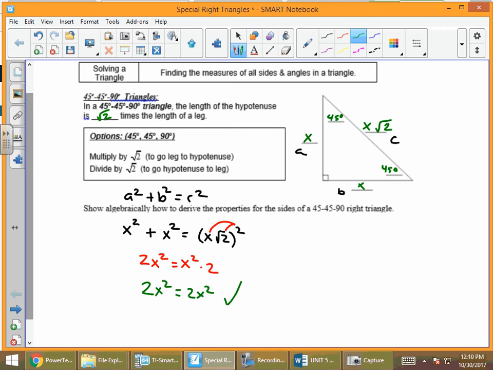That's why it works, and it's going to work every single time. You maybe noticed when you did the Pythagorean theorem in your practice how when your legs were the same, like in the first one, both legs were 4, and your answer ended up being 4 radical 2. This is a shortcut to that. You can still use the Pythagorean theorem if you're given the legs to get the right answer, but this is more of a shortcut.